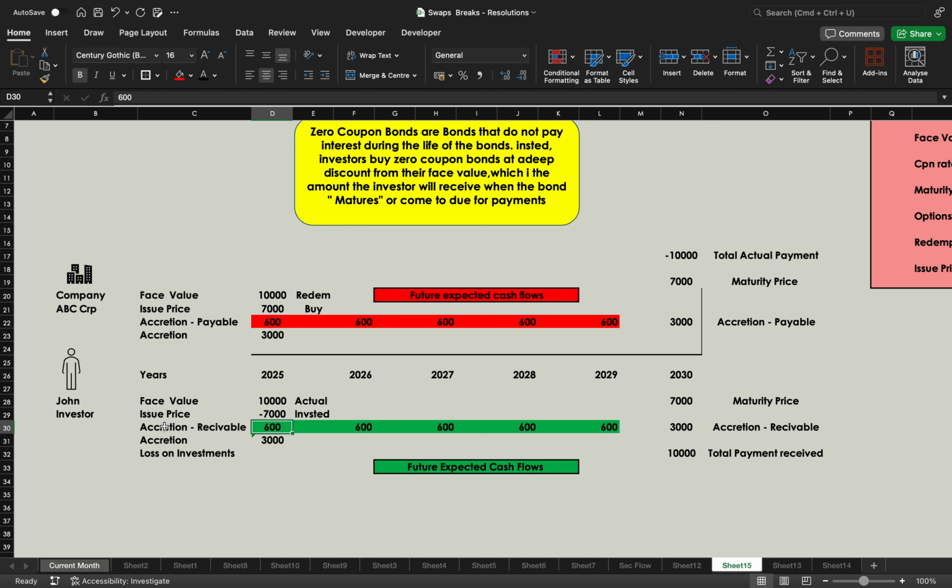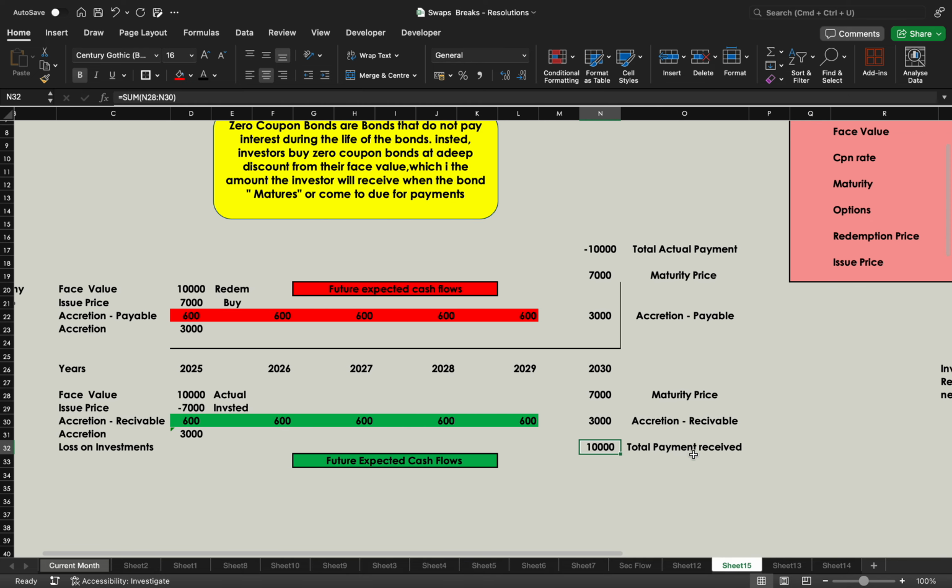Per year the investor will accrue 600 as accretion receivable in the books of the investor. And at maturity, the investor will receive this accretion receivable amount. So 7000 plus 3000 discount, a 10000 amount will be received by the investor.